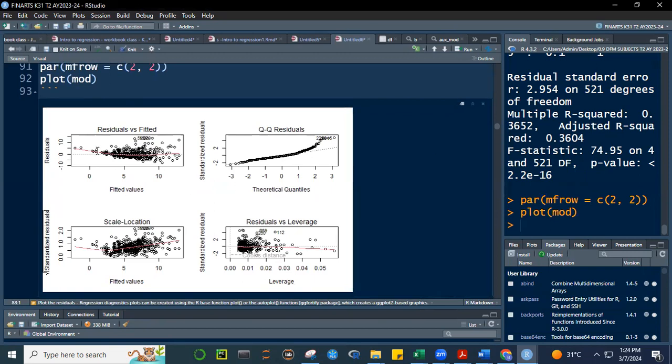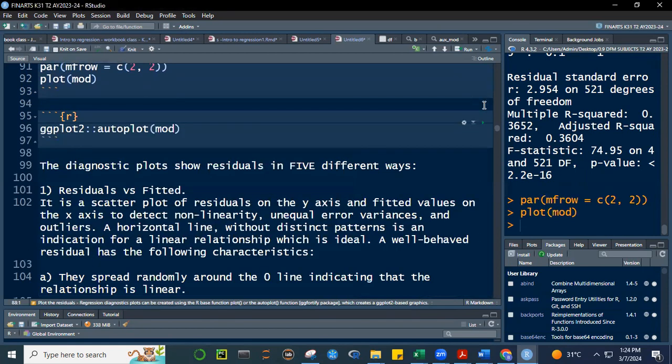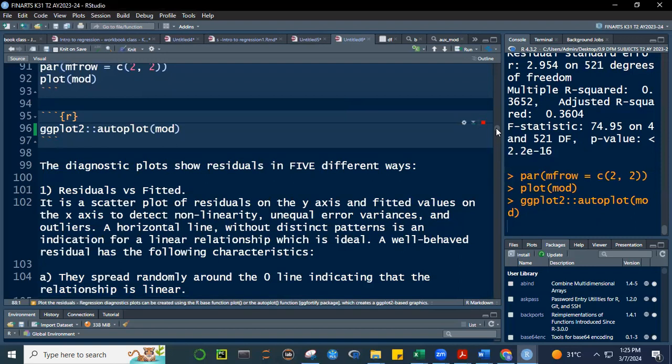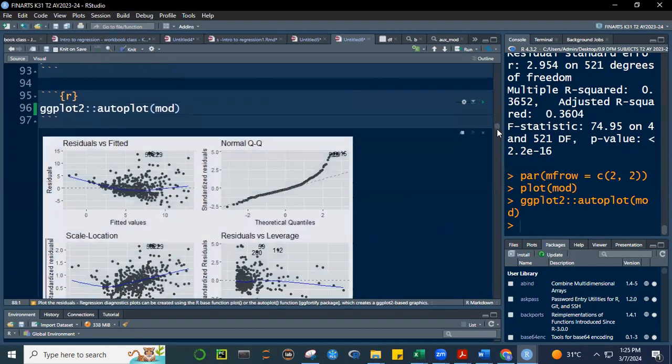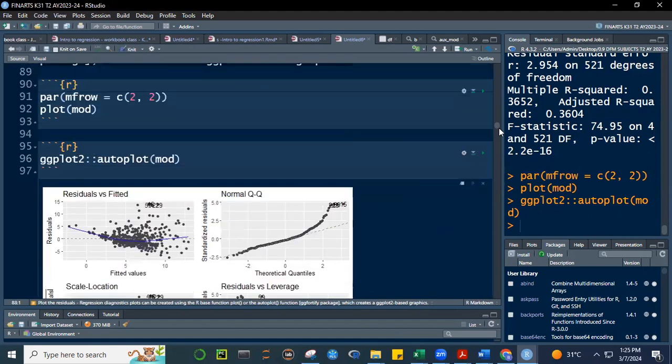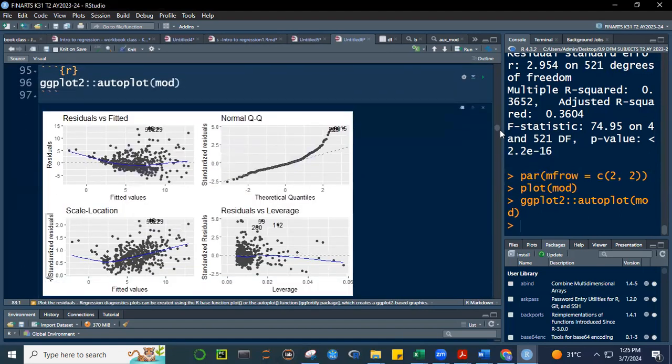The first one is residuals versus fitted, then scale location, then residuals versus leverage, and the QQ residuals. Or we can use autoplot from ggplot, same plots: residuals versus fitted, scale location, residuals versus leverage, and normal QQ plot.